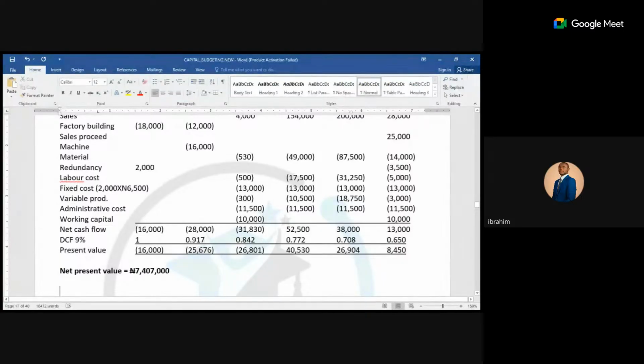Determination of project duration. Project duration means that if you as an investor invest in this particular project, this is the time that will take you to recoup your money that you invest in the project.